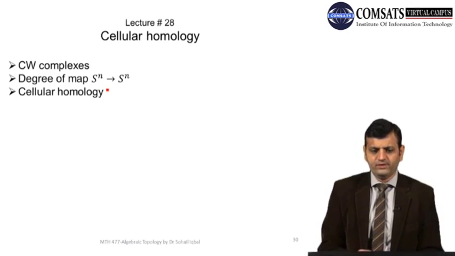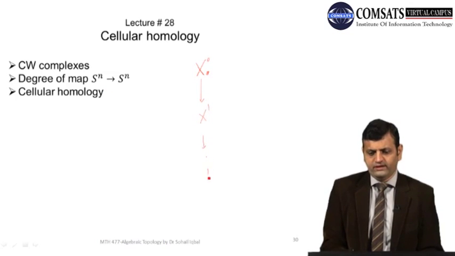If I keep attaching cells, starting from 0-dimensional to 1-dimensional, and so on, I can go on to construct Xn, and let's say this is our ultimate goal, to construct this X, but there could be more than one way of achieving this.